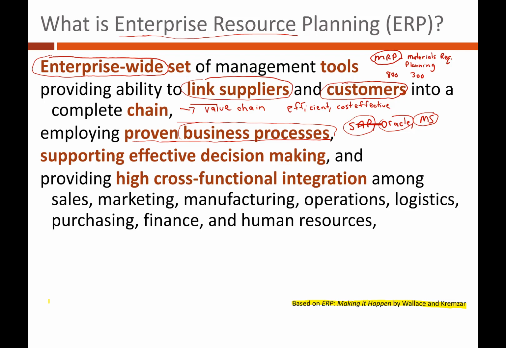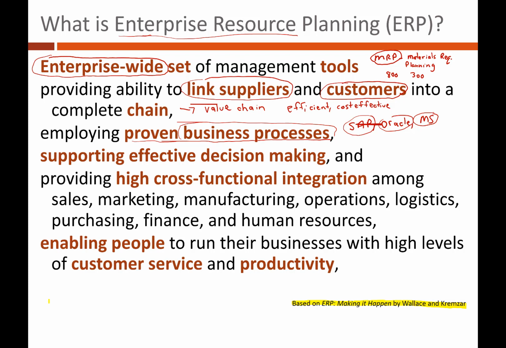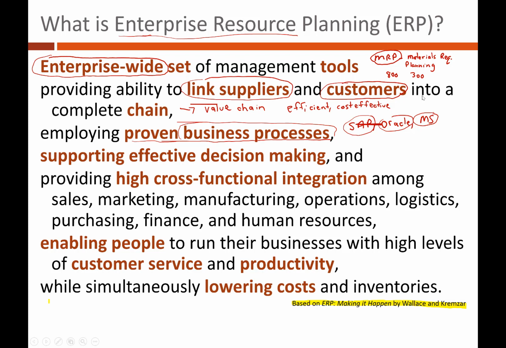We did a lab exercise a few weeks ago designed to illustrate how frustrating it can be in an organization when the different functional parts of the company don't communicate directly with one another and can't easily share information. So an ERP system is designed to resolve that, enabling people to run their businesses with a high level of customer service and productivity while simultaneously lowering costs and inventory.